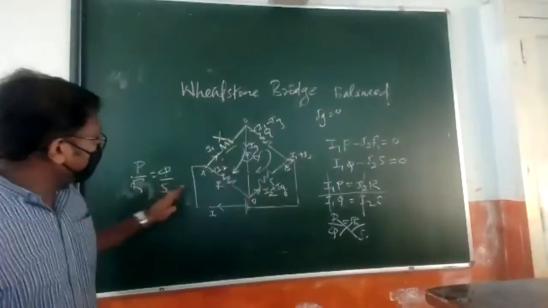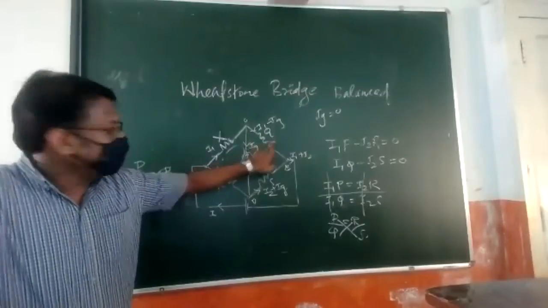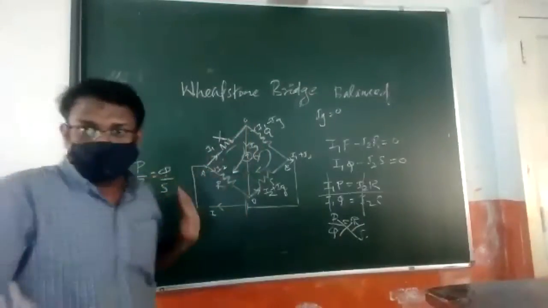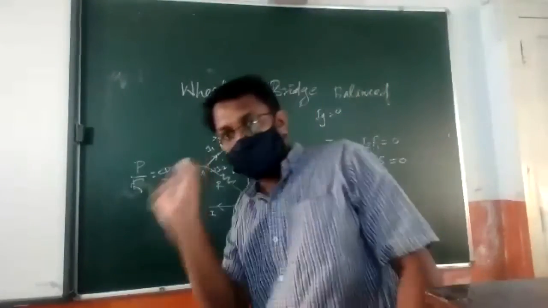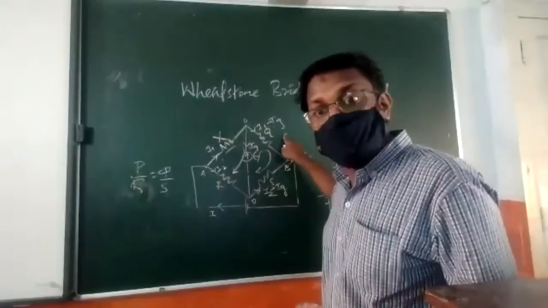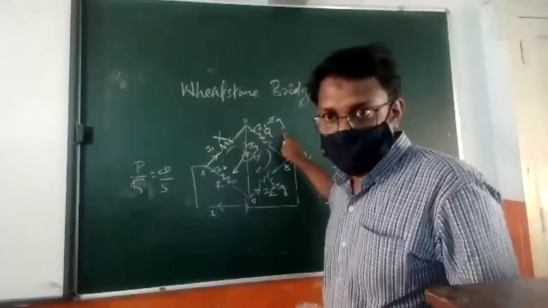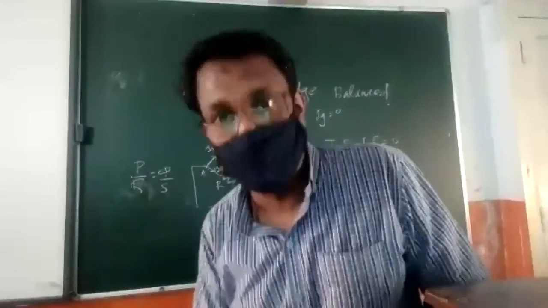So you can adjust the values of R, S, and Q so as to maintain zero current in the galvanometer. R, S, Q are three known values that you can choose, and you can adjust them so as to get no current in the galvanometer.